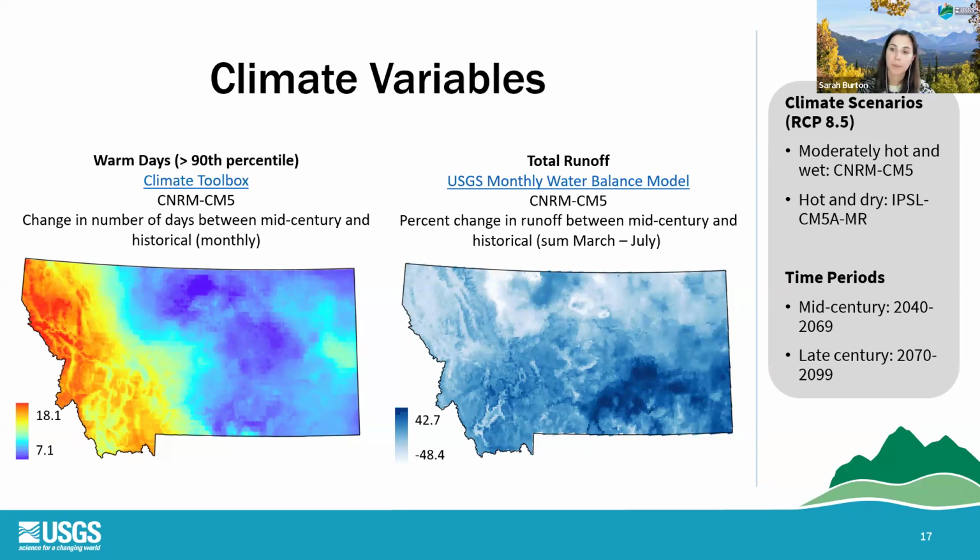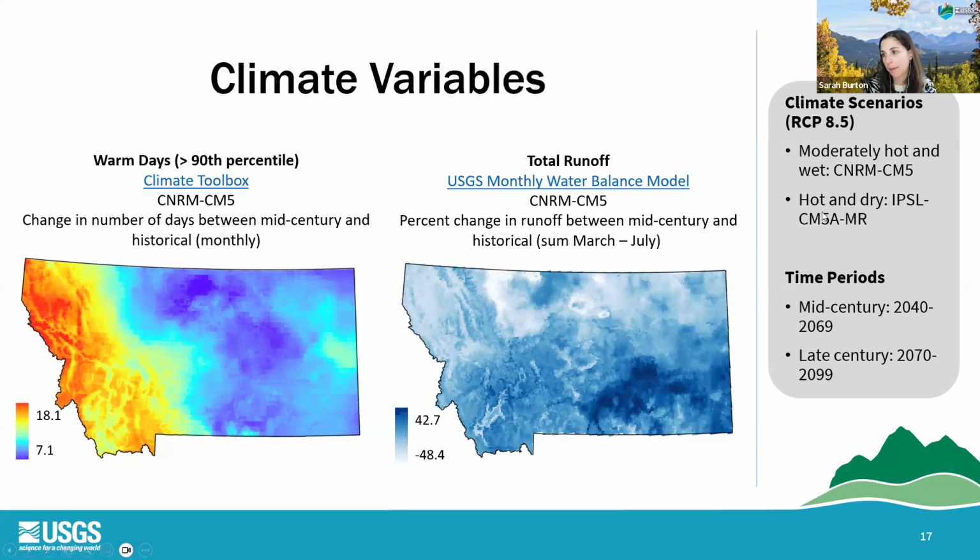And this is looking at the percent change in runoff between the time period from the future and the historical. And for this, we looked at just the runoff time frame, the wettest time of the year, March to July. So it's a somewhat common practice when we're looking at riparian areas to look at when you're actually going to be getting the most runoff annually from the landscape.